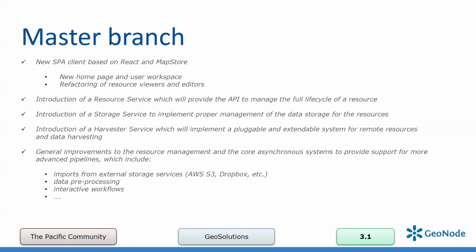Also, big work is under design for the backend. Alessio is one of the developers that is working on the design of these three new services: the resource service, the storage service, and the harvester service.